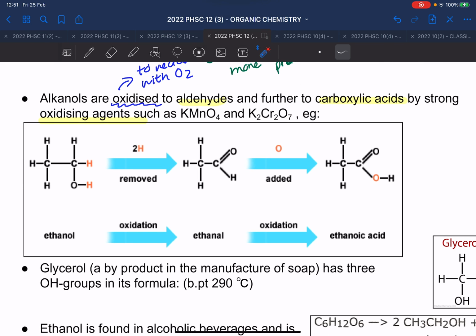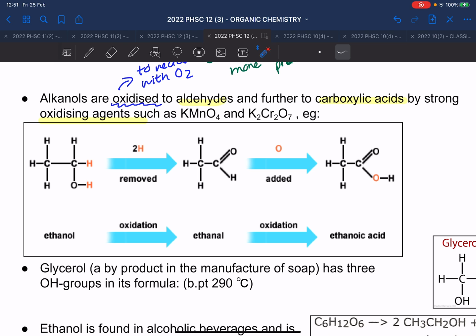It's not yellow. The KMnO4, potassium permanganate. Color? We used it in the practical last year. Purple. The next one, potassium, with a Cr there, number 24.